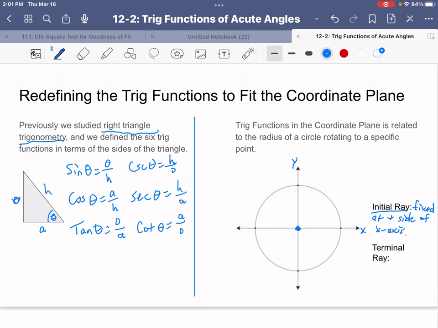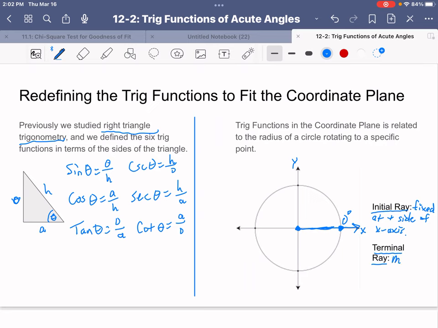So I want you to imagine that one of the 2 rays that's going to make up an angle is always pointing on the positive side of the x-axis. That is where 0 degrees lives. Now it takes 2 rays to make an angle. The next ray is a terminal ray.